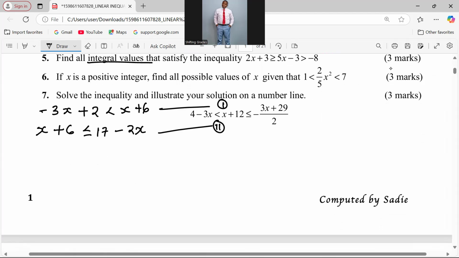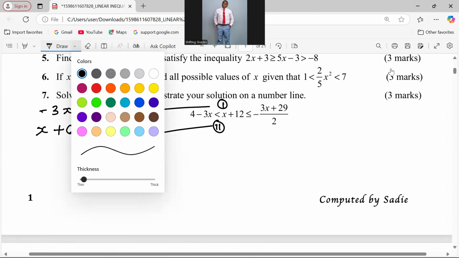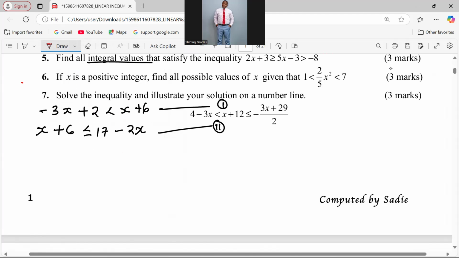So the first one, if we begin solving now, allow me to handle this one by doing away with what we are calling a negative. That way, I will have to transport -3 to the side where there is x, and it will become positive. So we shall be having 4x, because -3 becomes positive. x plus 3x, so we get 4x.